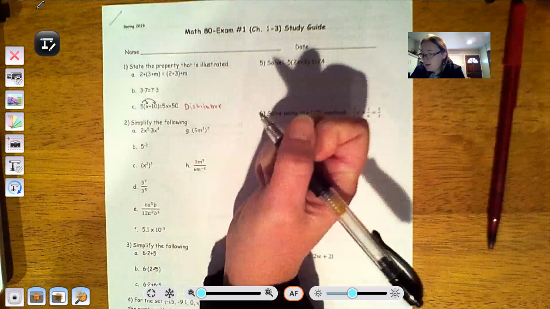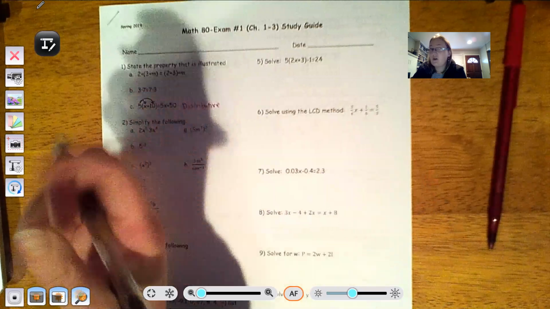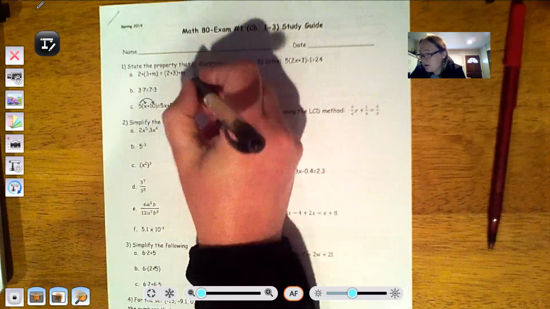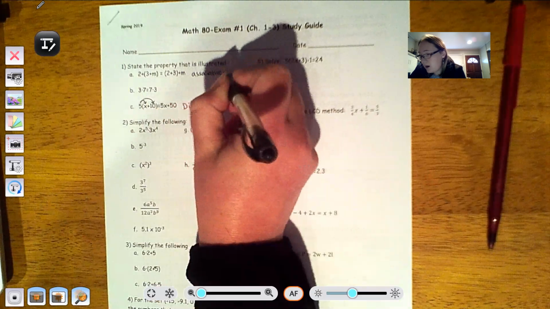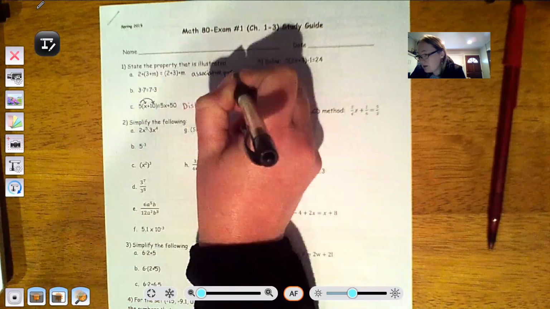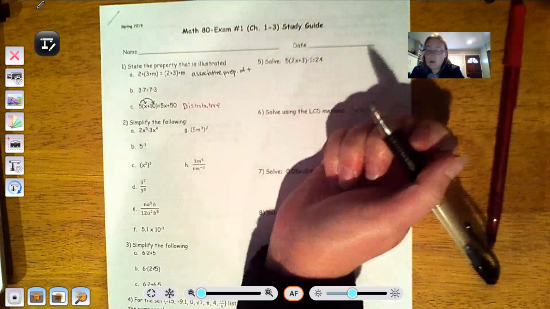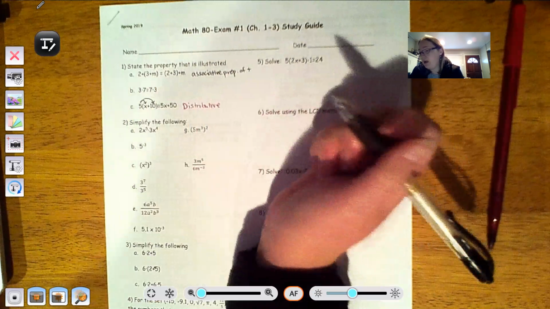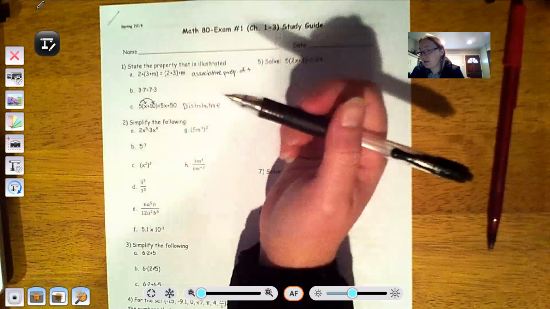That's all right. So this first one, it's how things are grouped, meaning how they're associated. So it's associative property. And because it's addition, it's of addition. If it was multiplication, it'd be multiplication. The other property that we test on in this class is commutative.